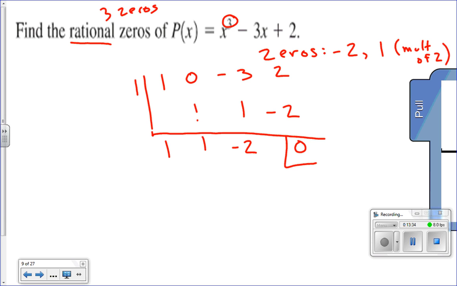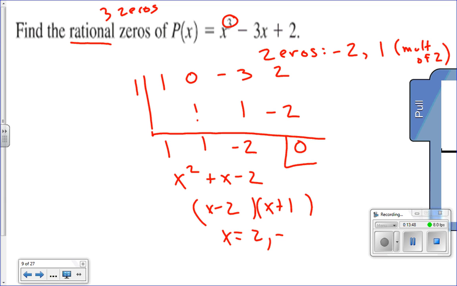So the other zeros come from x squared plus x minus 2. That does factor. That factors into x plus 2 and then x minus 1, which are the zeros. Let me fix the signs here. This is a plus 2, that's a minus 1. So the zeros are negative 2 and 1.